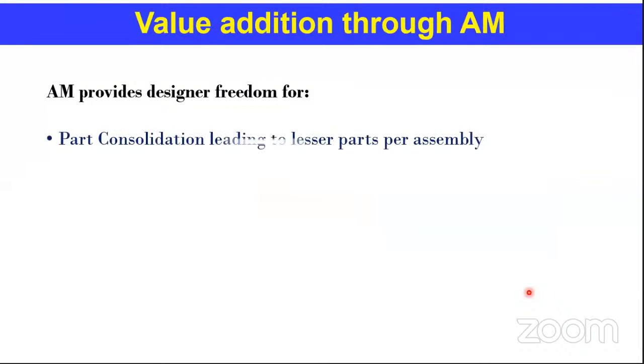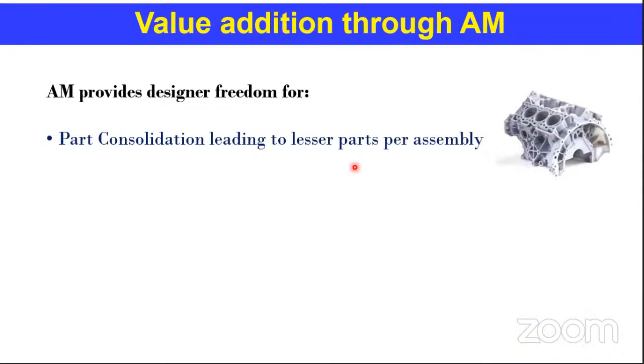So now some of the value addition which we can obtain from this additive manufacturing route are the following. As I mentioned, the designer will get a freedom in terms of getting a part consolidation, which is nothing but reducing the number of parts which will be getting into the assemblies.